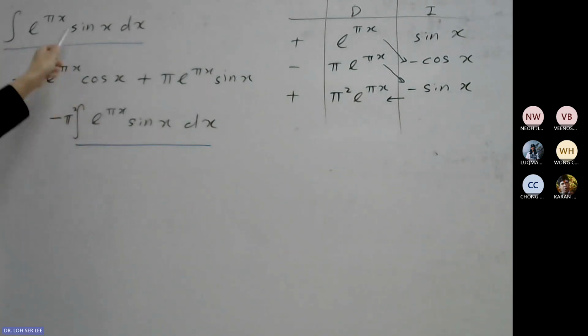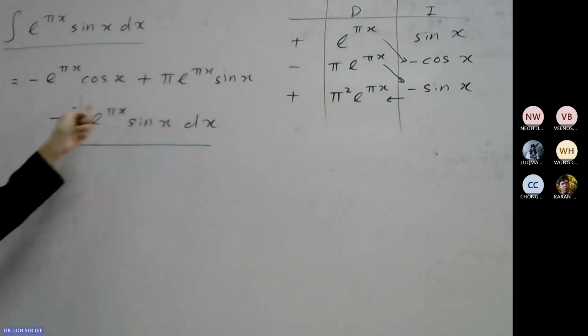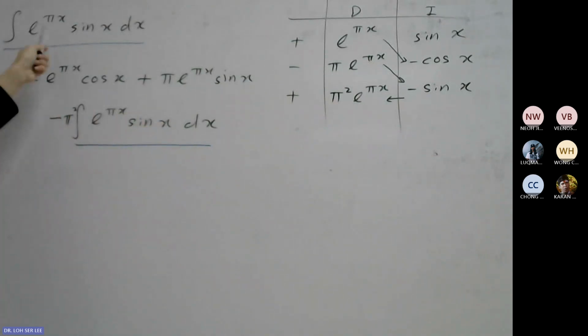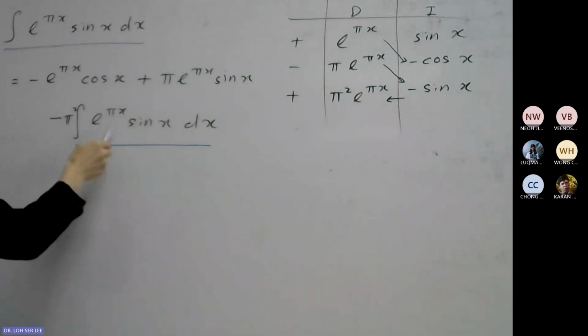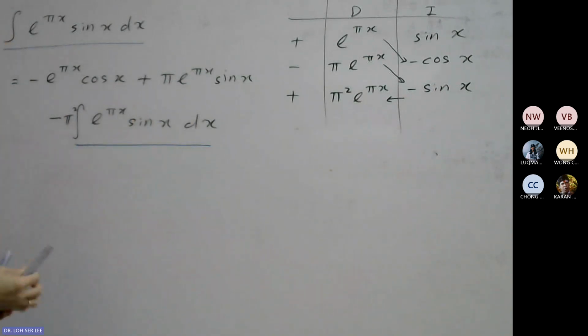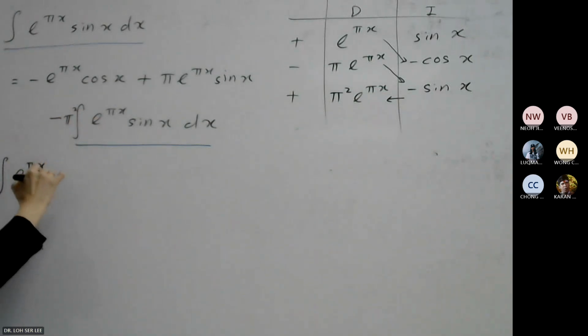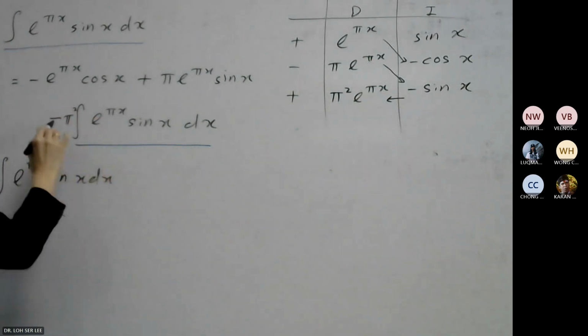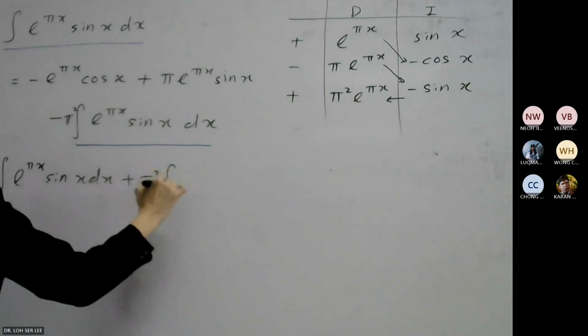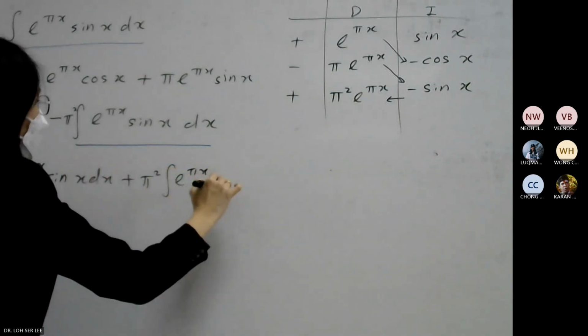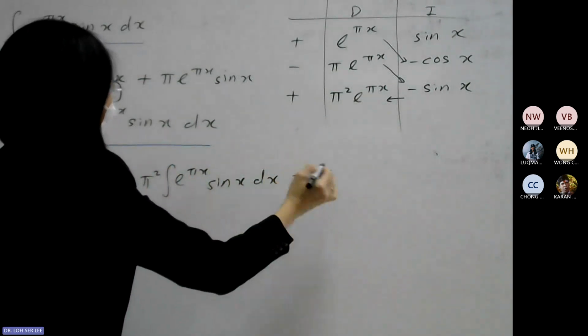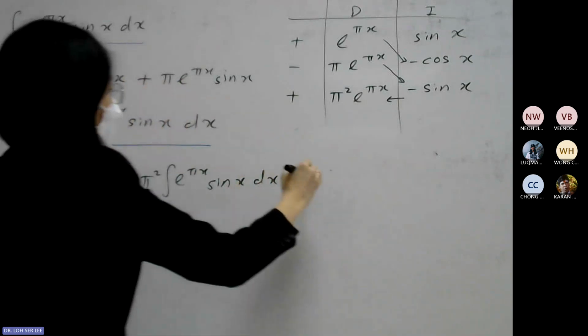So we can move this one to the left, combine with this. This term moves to the left, combine with this. So when you move, you have this plus this equals to these two terms.